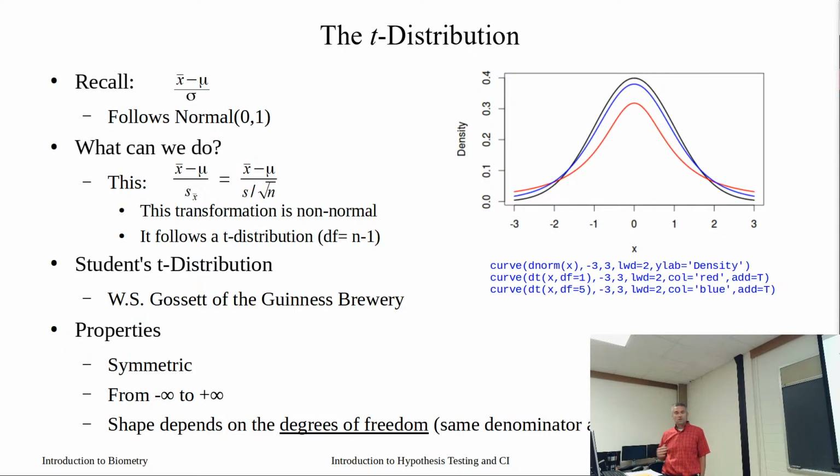So recall that when we were doing normal distributions, we applied this transformation: X bar minus mu over sigma. What did that give us? What important variable did that give us?